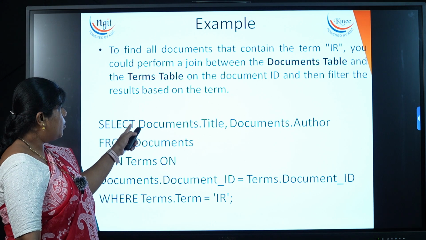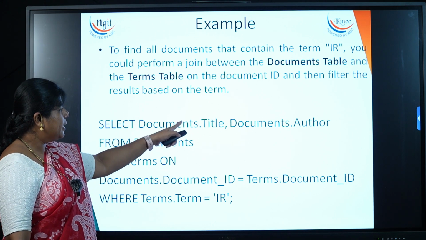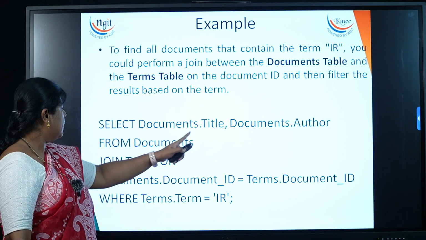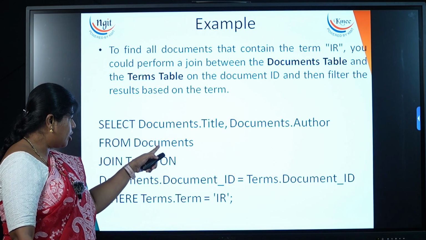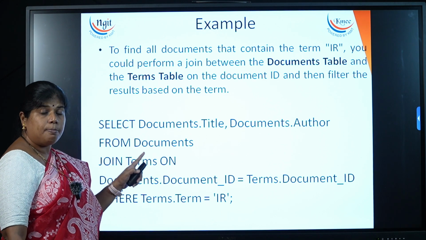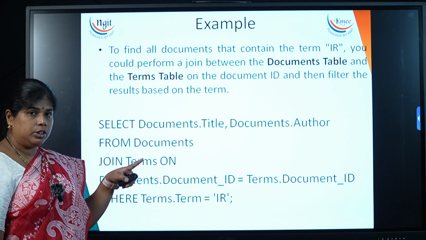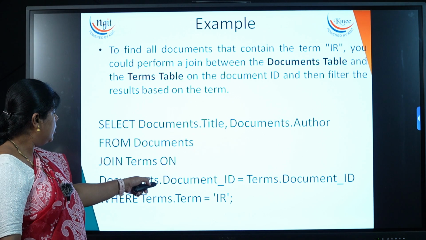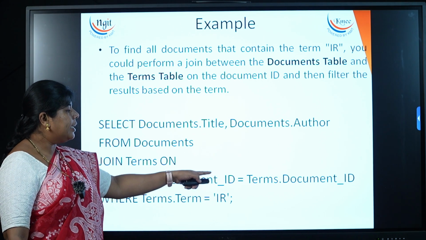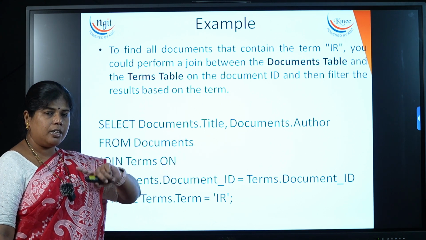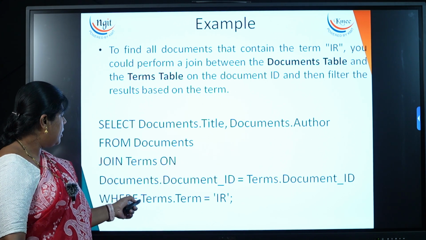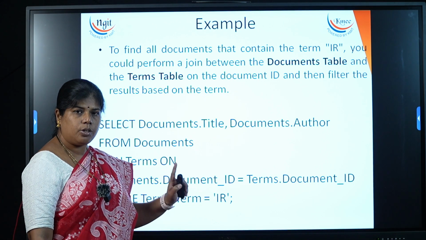Now what we can do: select the document title and document author from documents, join term. Document and term should be joined. But what is common in both these tables that will make me join? Document.document ID and term.document ID. Yes, document ID is the column that is common in both of these tables. And where terms.term is equal to IR.